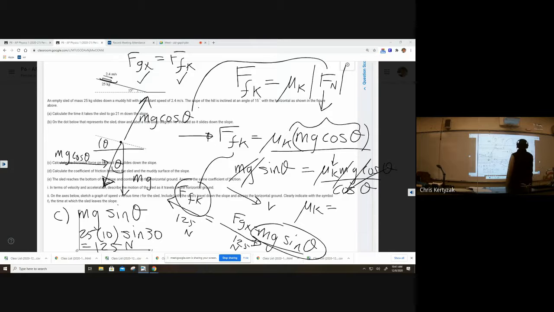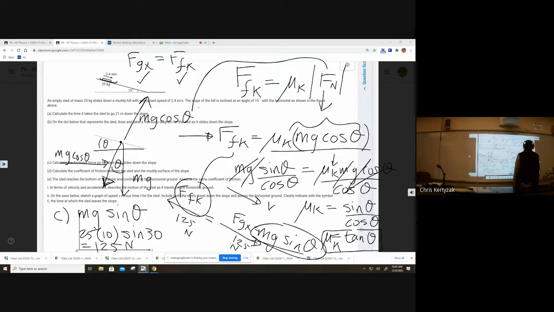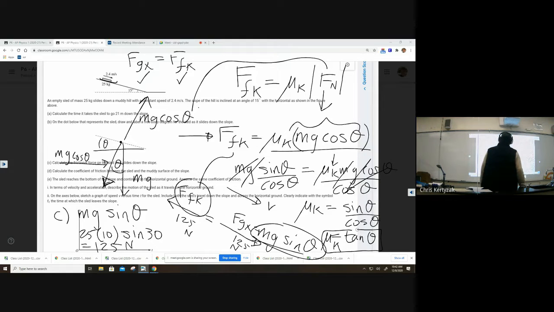So the cos theta part would cancel. So I get sine theta over cos theta. That's a geometric identity of tan theta. So the kinetic friction coefficient is equal to tan of that angle.